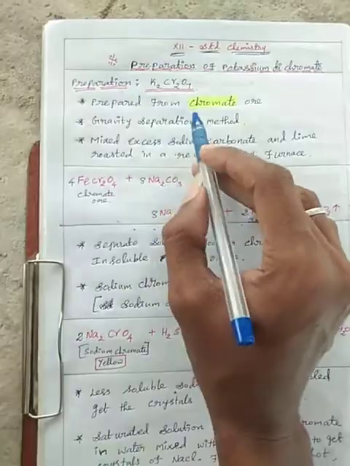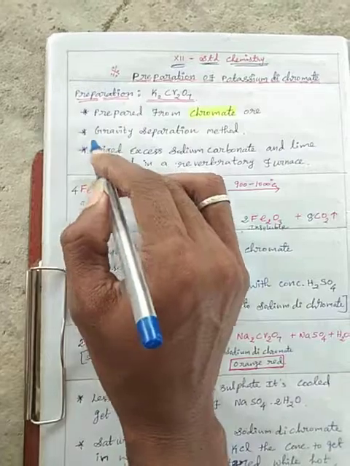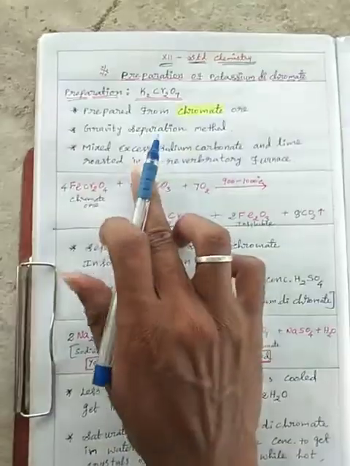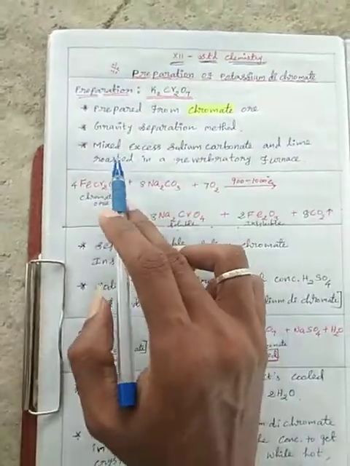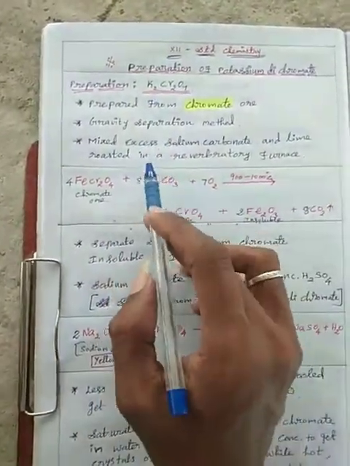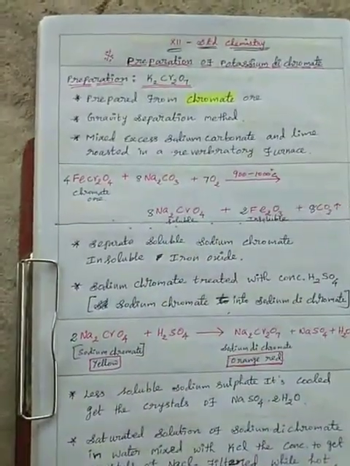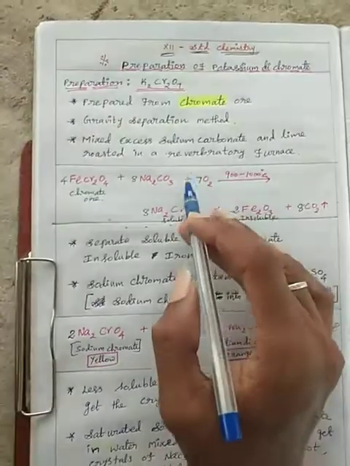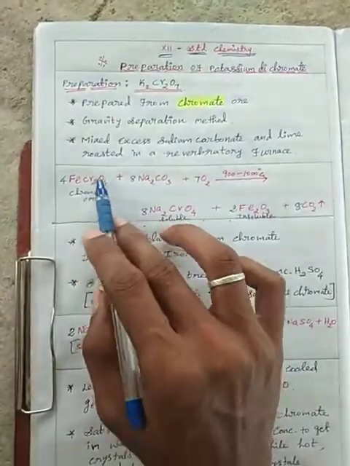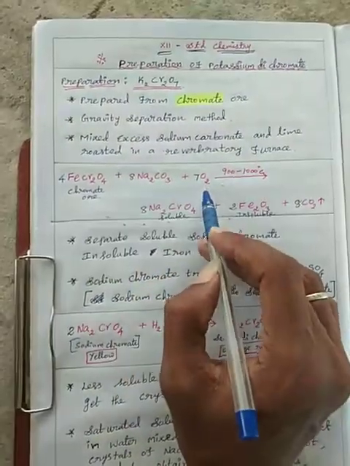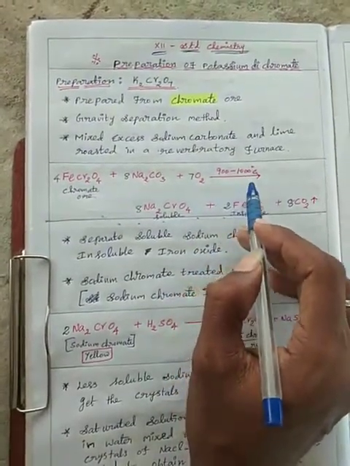It is prepared from chromite ore by the gravity separation method. First, the chromite ore is mixed with excess sodium carbonate and lime and roasted in a reverberatory furnace, with oxygen, at 900 to 1000 degrees Celsius.